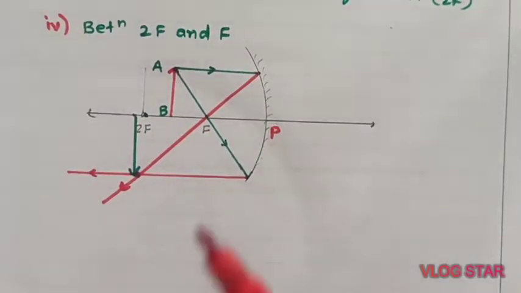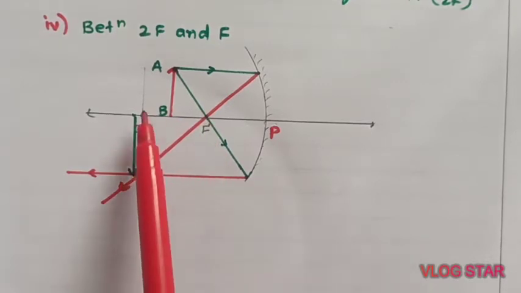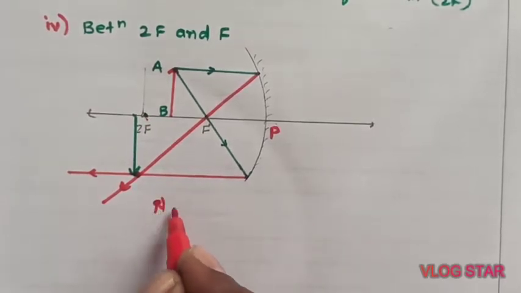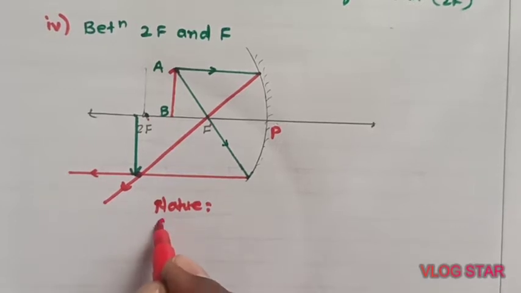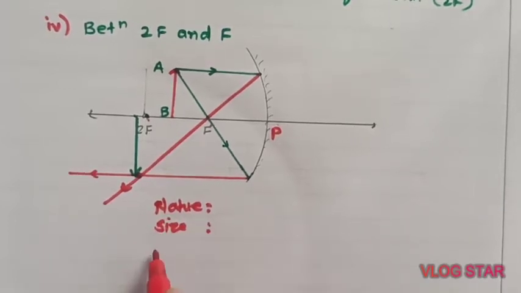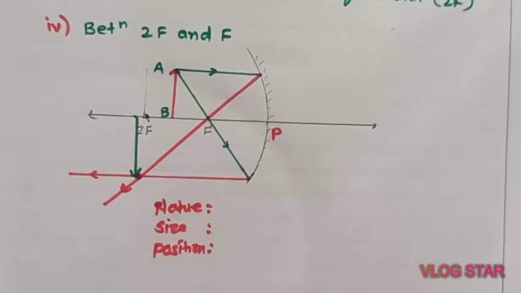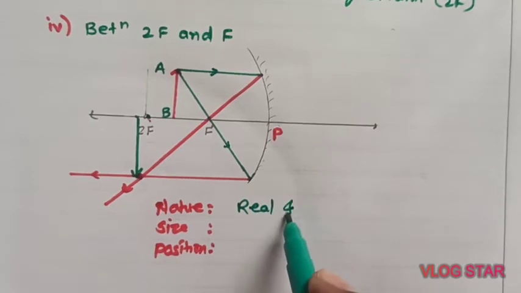So what happens if the object is placed between the center of curvature and focus? The image is behind. So size, nature, and position. So what is the nature? Real and inverted.